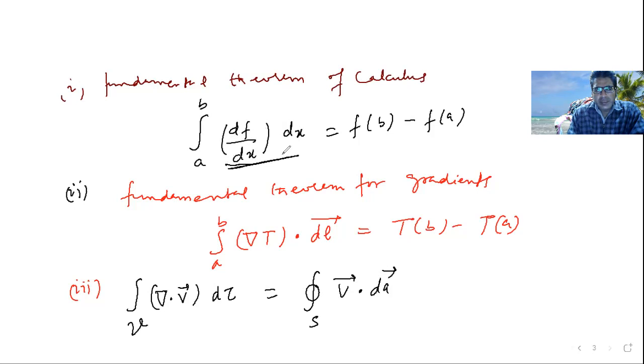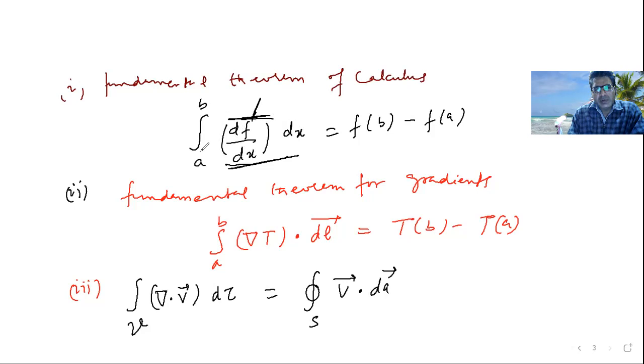This is actually an infinitesimal change in the function, right? That is saying integral of derivative of some function. If you take this one separately, it is the integral of the derivative of some function from some point A to point B, right?